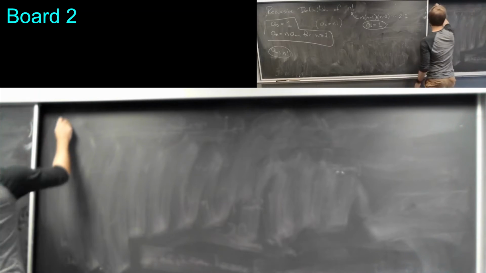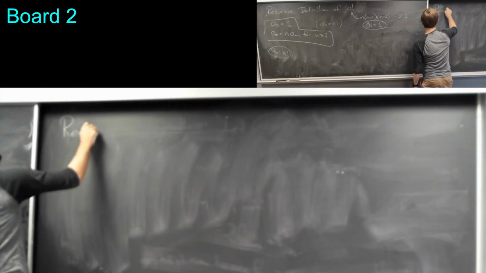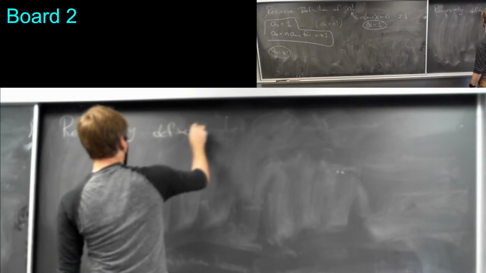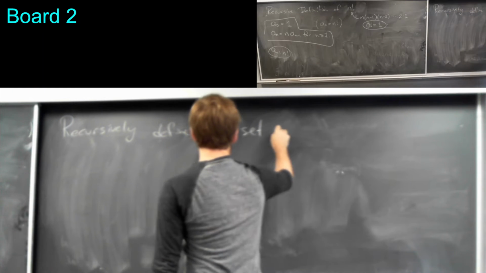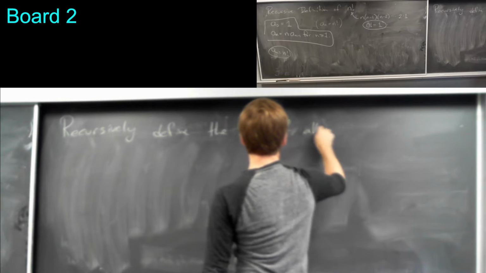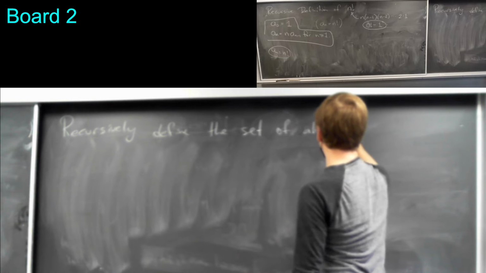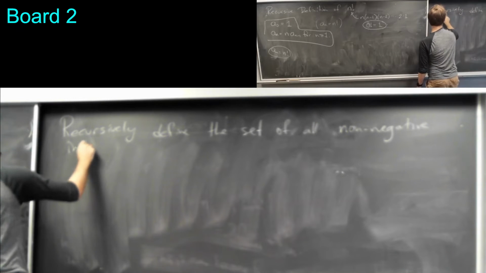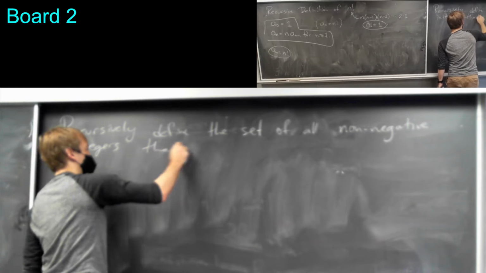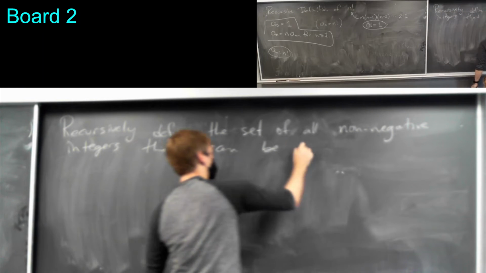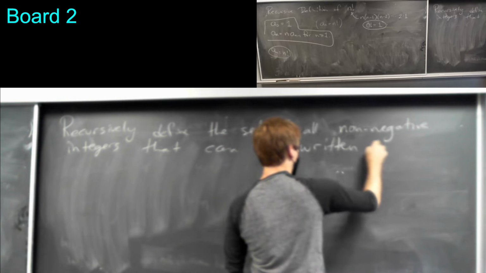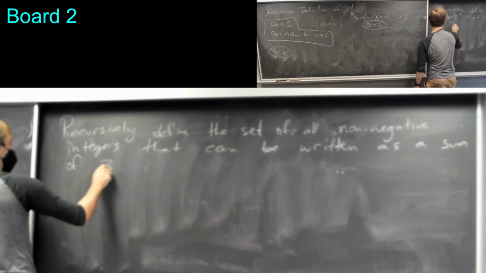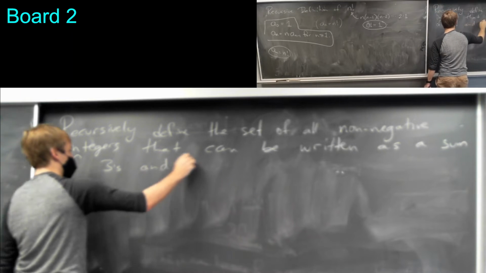So you could be asked to recursively define the set of all non-negative integers that can be written as a sum of 3s and 5s.